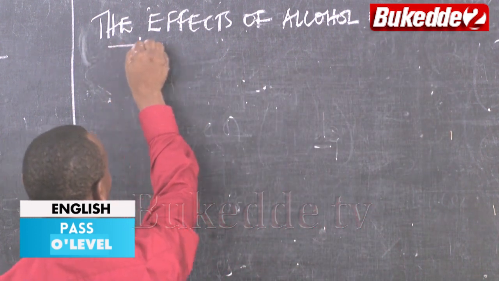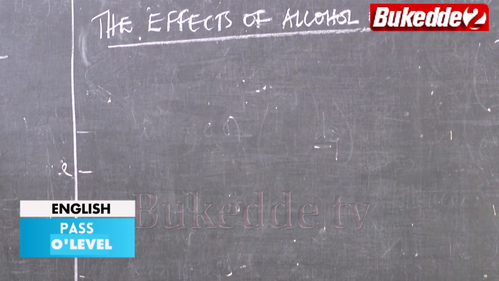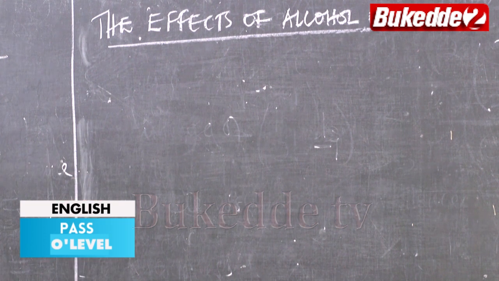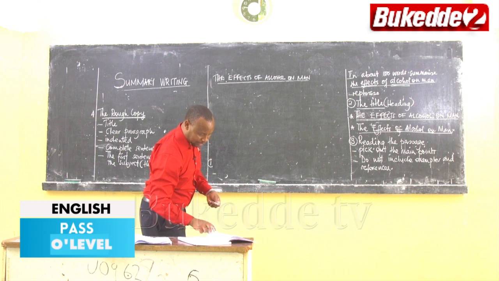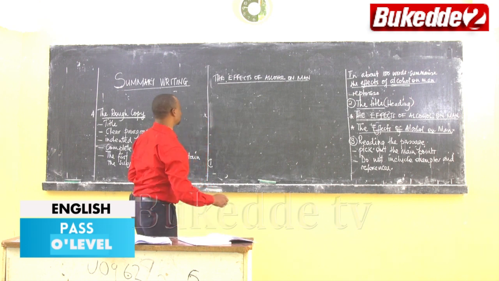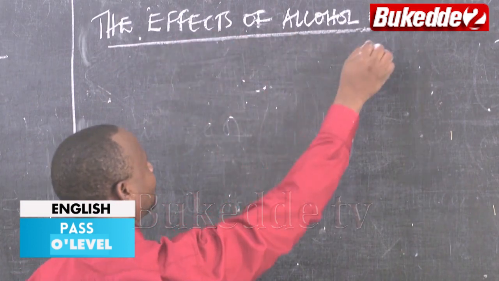So I said you must indent to show your paragraph. I've said that your first sentence must point out the thing asked for. So you'll say, our subject is effects of alcohol on man.